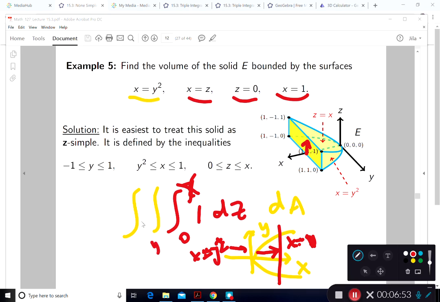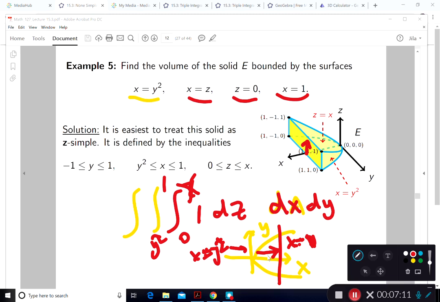So the limits are y squared and 1, and I know dx. So of the two outer integrals, dx is the second inner, and then dy is the most outer.